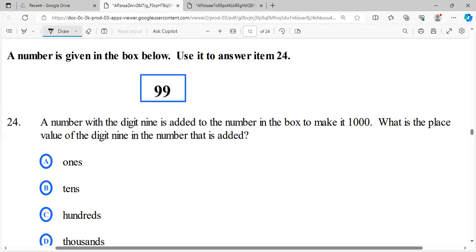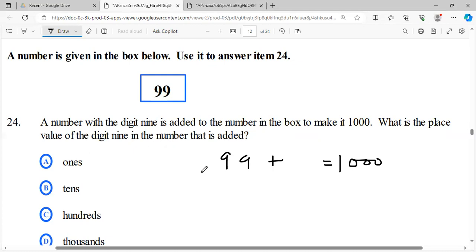So they want us to add a number to 99 to give us 1000. So think about it guys. What number can we add to 99 to get exactly 1000? So it has to be 900 and something, right?